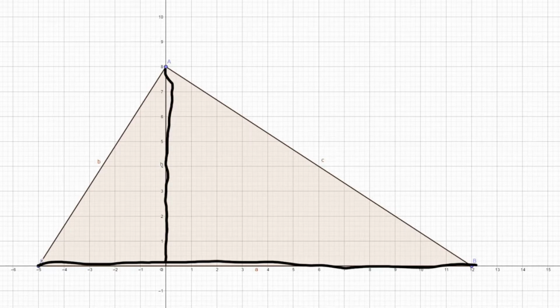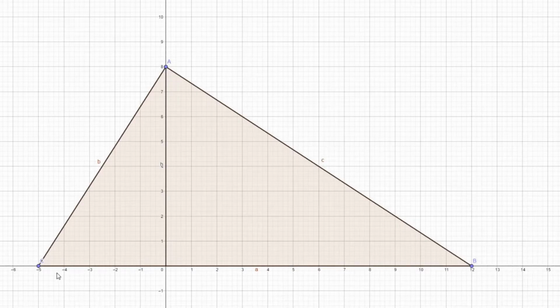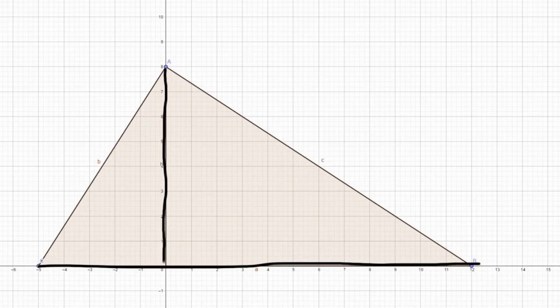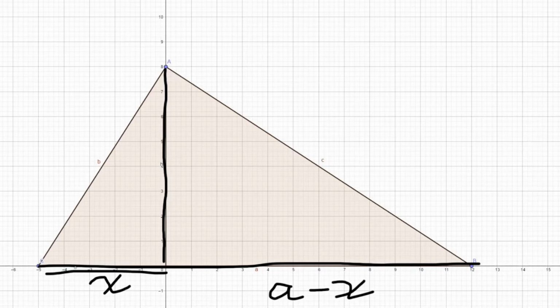So now, what we can do is we can call this, right here, x, since this whole thing is a. And we need to name this, so we can say this is a minus x, because we're subtracting x from the whole thing, which would equal this line segment.